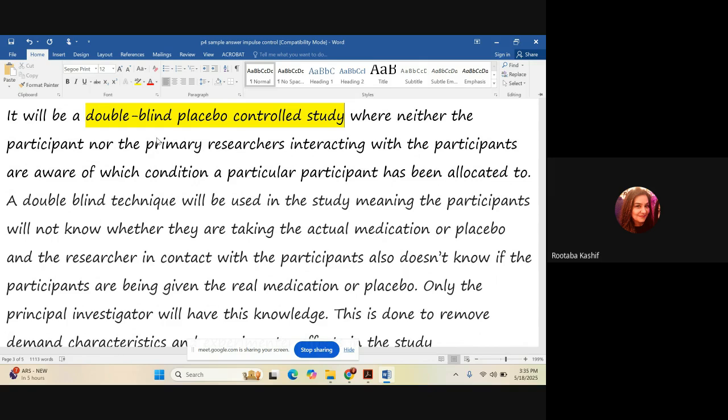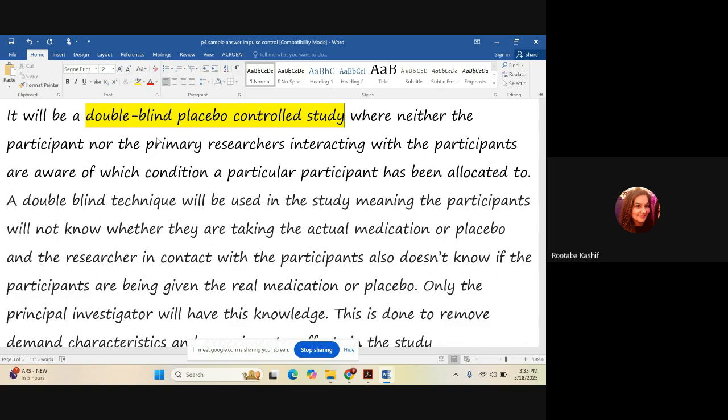And so this knowledge might affect how I see the symptom reduction. I might expect the people who are getting medication to show symptom reduction. So then my subjectivity would become a confounding variable.